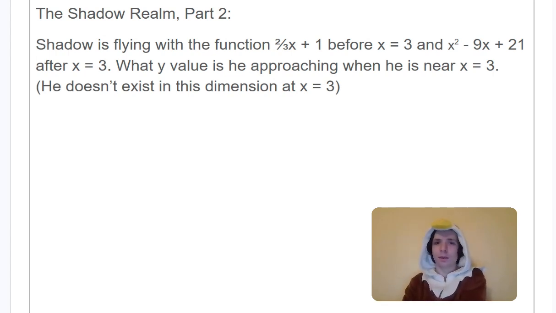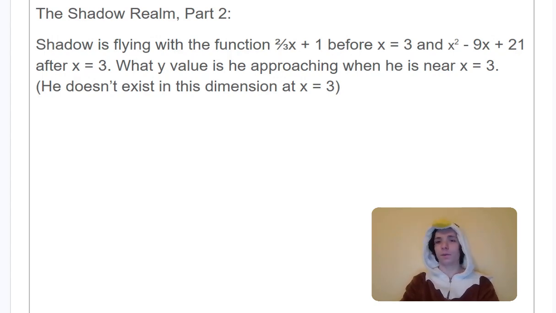Now for this one, we know that 2/3 of 3 is 2, plus 1 is 3. So we can think that if x is getting really close to 3, then this is getting really close to 3 because the value at 3 is 3. That's called direct substitution.